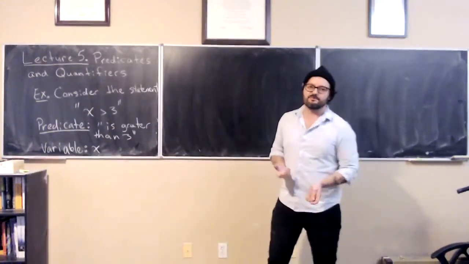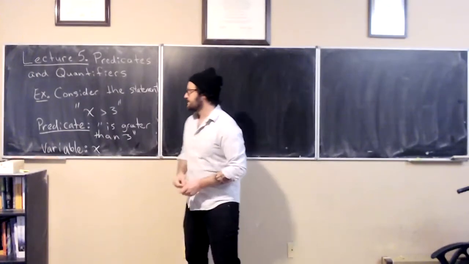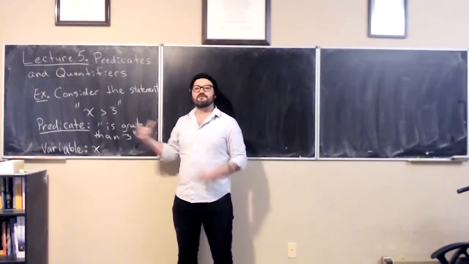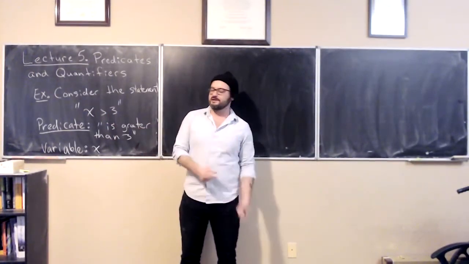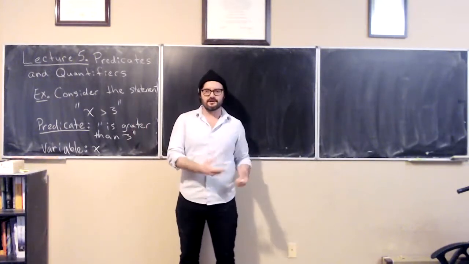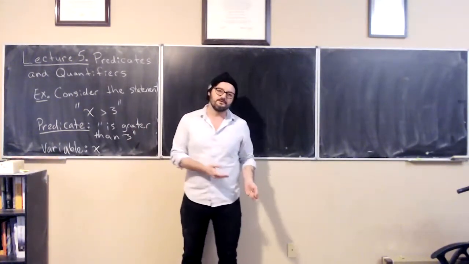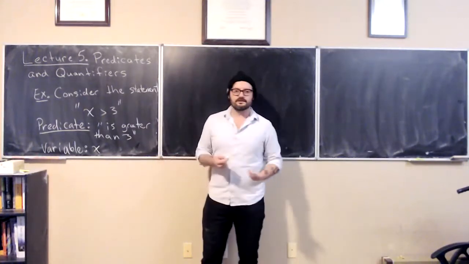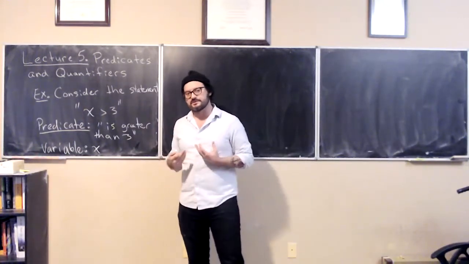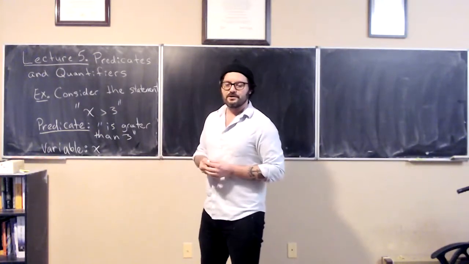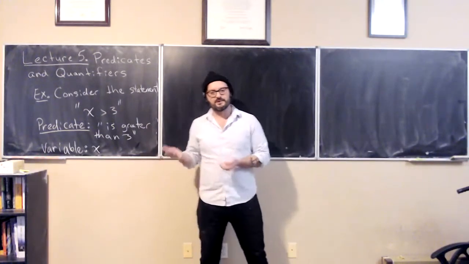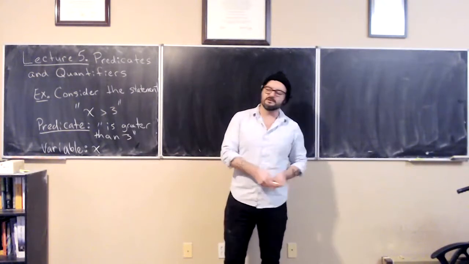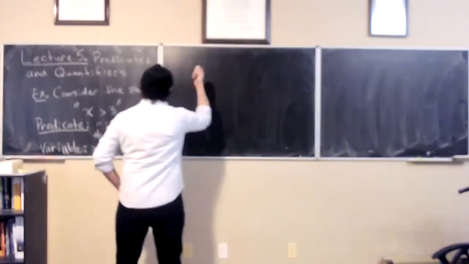I think of them as propositional functions. The statement itself is the propositional function, the predicate is the thing that determines its truth value, and the variable is the input to the function. So more or less, this lecture will be about considering propositional functions, where the truth value depends on what we input into the statement. So maybe I'll just write that out.